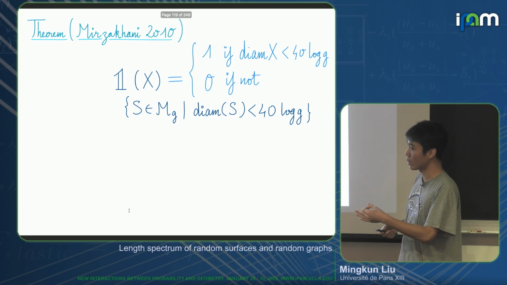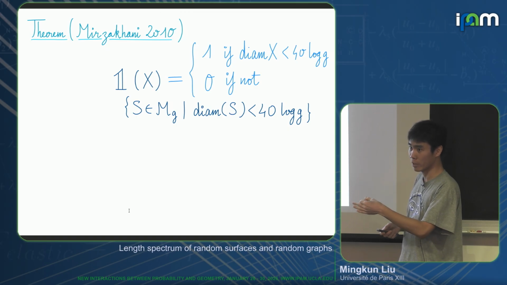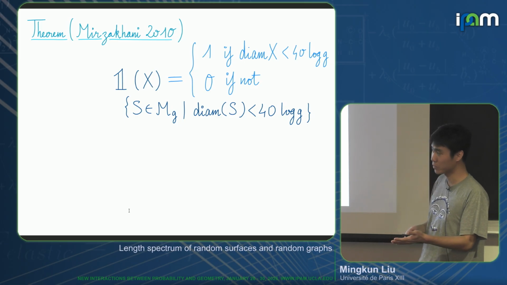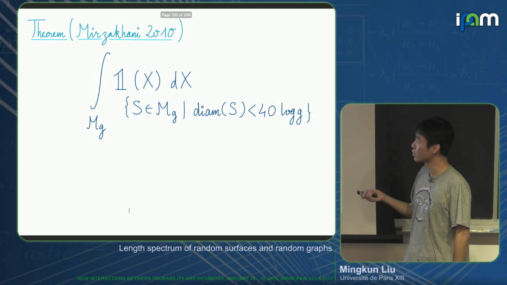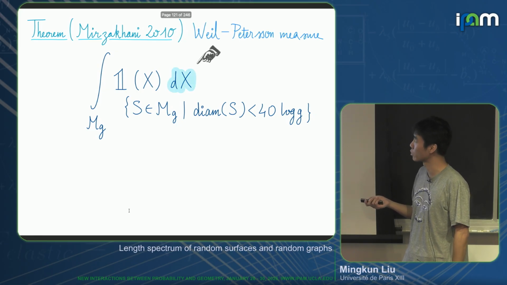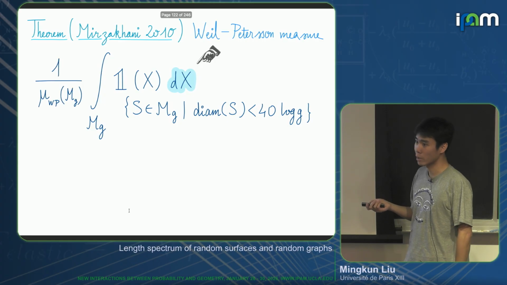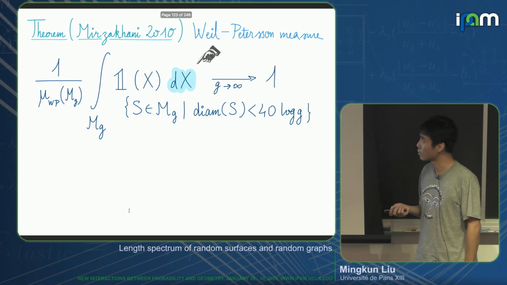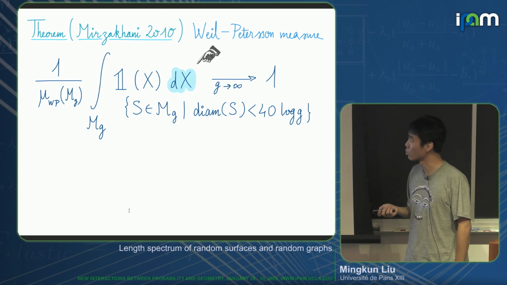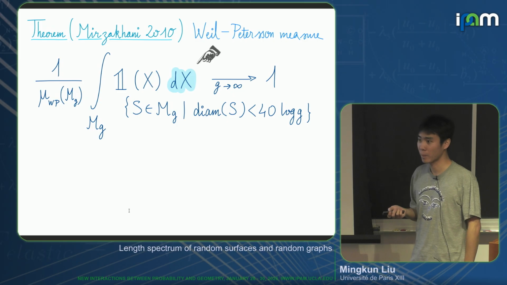It takes value 1 if this hyperbolic surface has diameter smaller than 40 log g, otherwise it's 0. Then you integrate this function against the Weil-Petersson measure we just defined, and then we normalize by the total volume. Mingkun proved that this number converges to 1 as g goes to infinity.